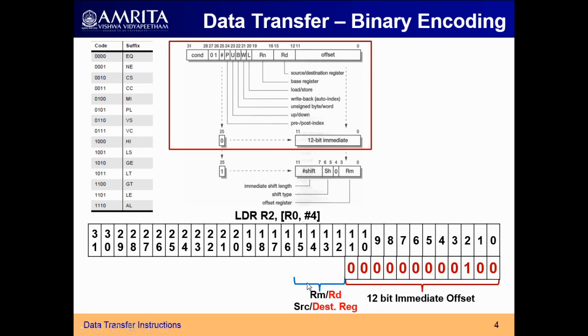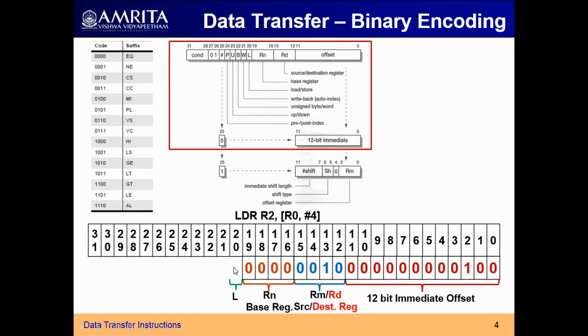R2. So R2 can be encoded as 0010. Next 4 bits, bit number 16 to 19, are used for representing Rn. Rn is nothing but your base register. Here the base register is R0, so it will be encoded as 0000.